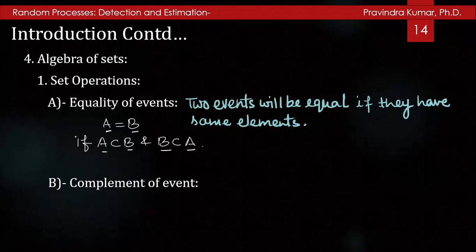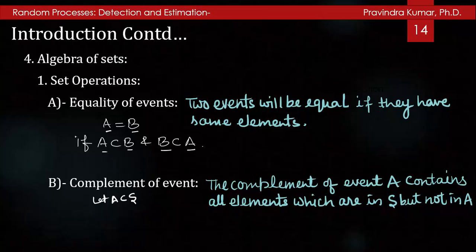Another is the complement of an event. Let A be a subset of S. The complement of event A contains all elements which are in S but not in A, and it is denoted by A bar.